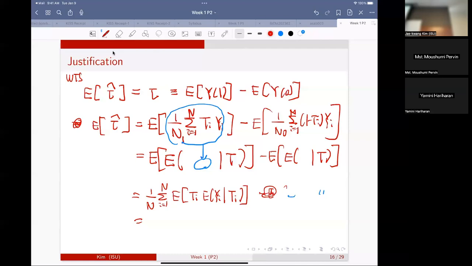Right? So that means this whole thing is equal to the expectation of y given ti equal to 1. Because the conditional expectation given ti equal to 0 has a coefficient of 0, so after multiplication, it goes away.